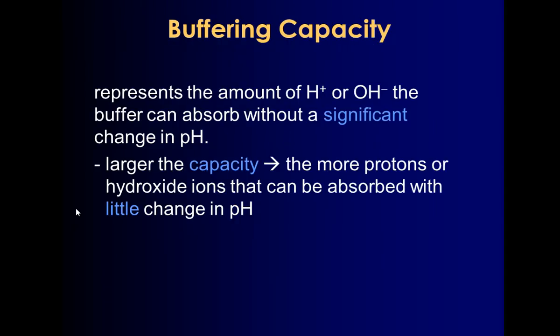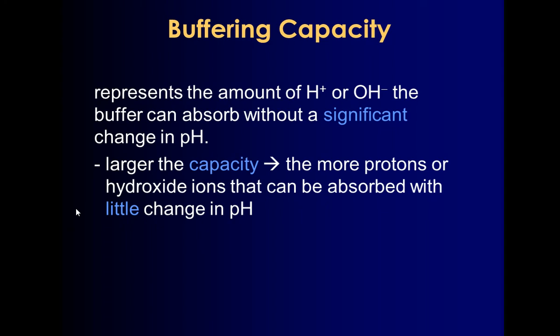So how effective a buffer is will depend on its capacity, how much it can handle additions of protons or removal of protons without causing the pH to change a whole lot.